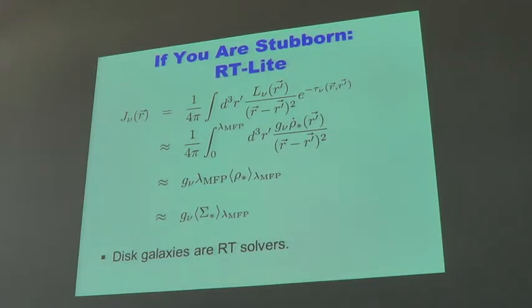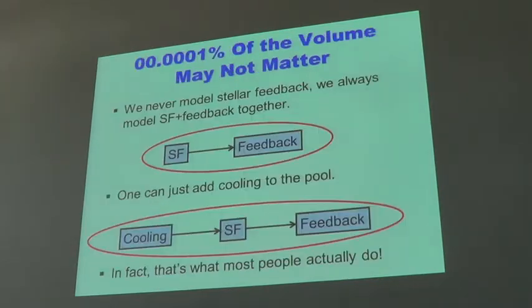But even that is already maybe too detailed for most of our simulations today, because if you just live in this regime, then maybe you don't have to worry about it at all. Yeah, you just compensate by feedback. The mean free path in the X-ray band is so large that you don't have to include it anymore.